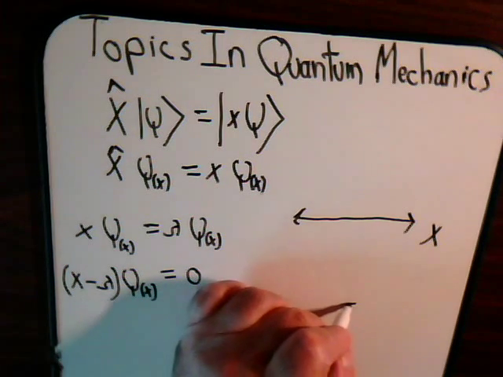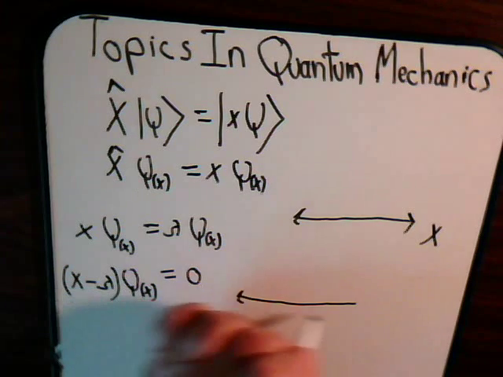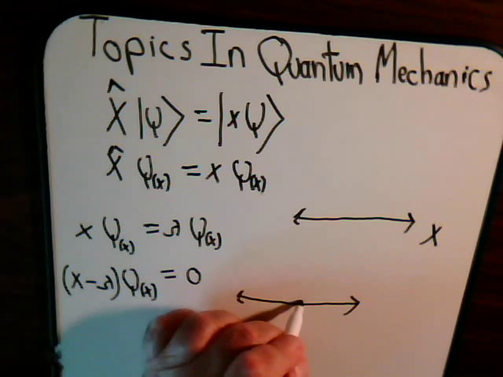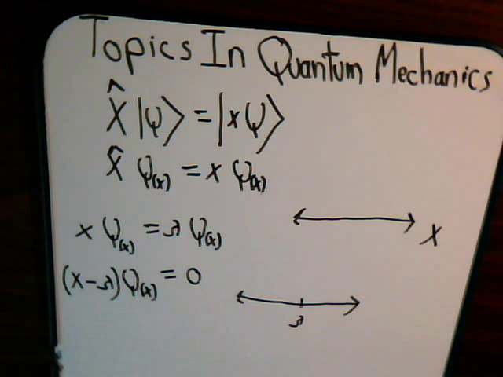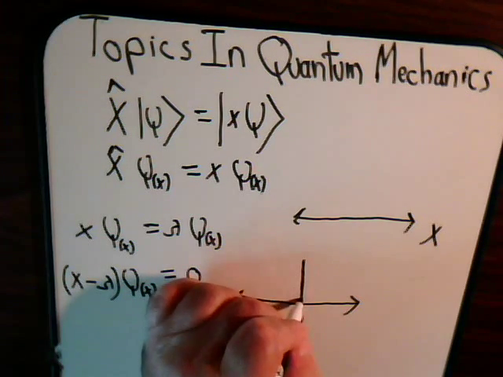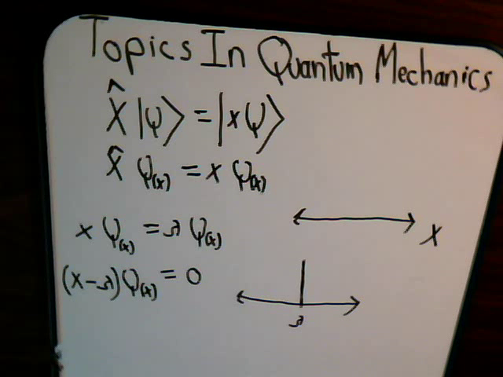So again, if that's our x-axis, and we're at a certain value lambda, then the function can exist there and only there, so it would have to be a spike.